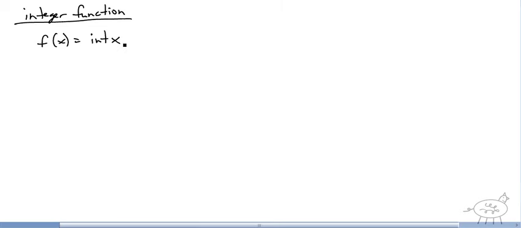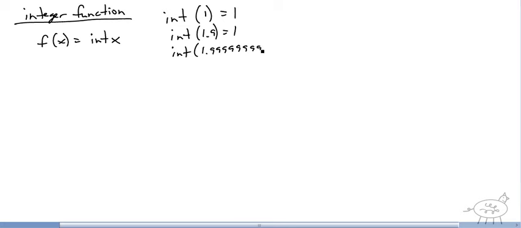I don't know if anybody can remember what the integer function is, but it just means if I take, let's say, the integer of 1, that's 1. The integer of 1.9, that's 1. The integer of 1.999999999 is equal to 1. So basically what you're doing is truncating the decimal. It's taking the integer part of the answer.